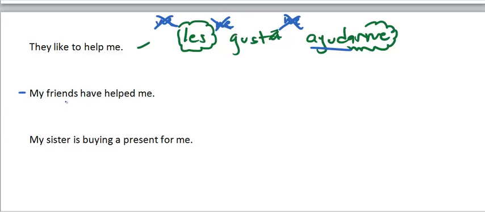It's another case. My friends have helped me. Mis amigos, because it's something that someone has done, we are going to use auxiliary to have. Mis amigos han ayudado. And then, if you check the rules, we mentioned before that we don't use object pronouns with ado ido endings.